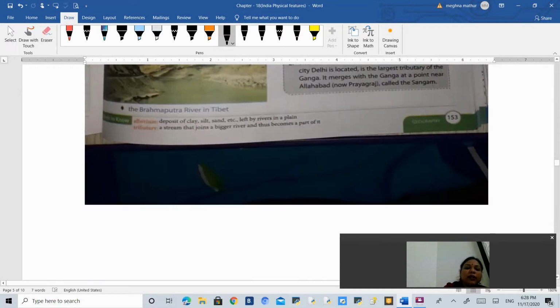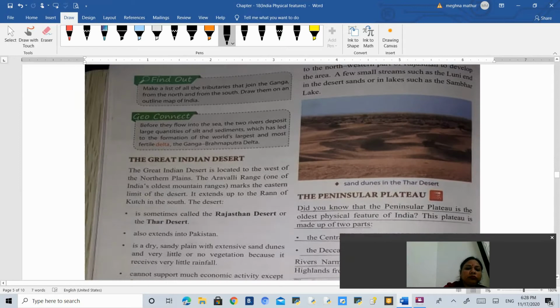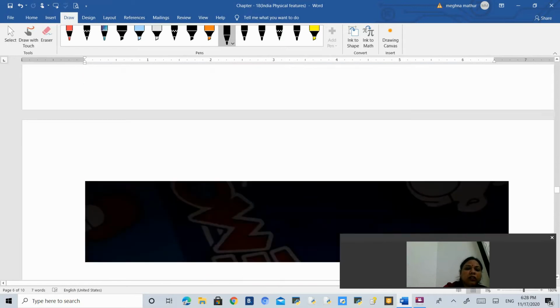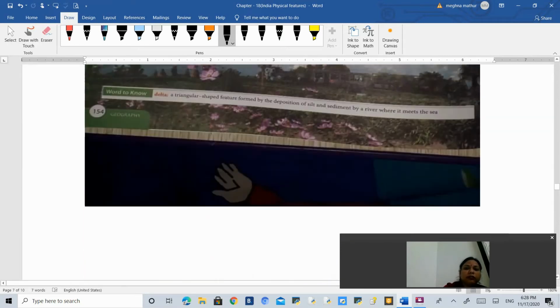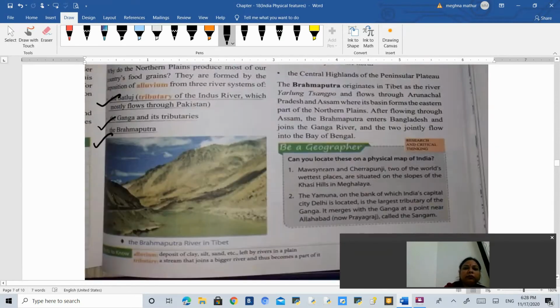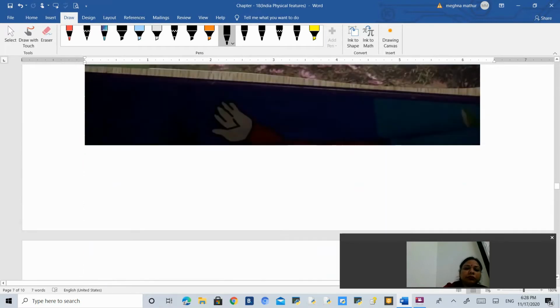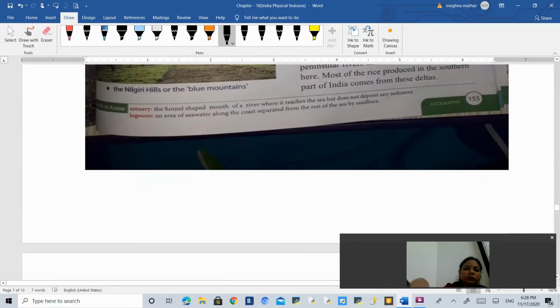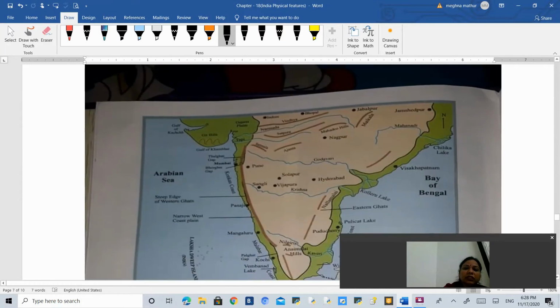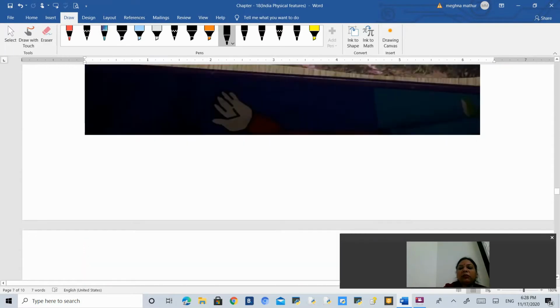You can see over here in this map, this is the peninsular area part.